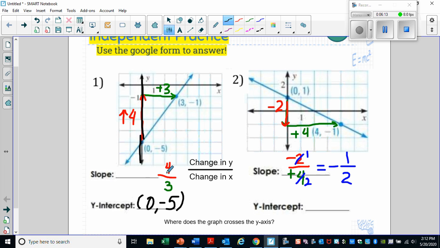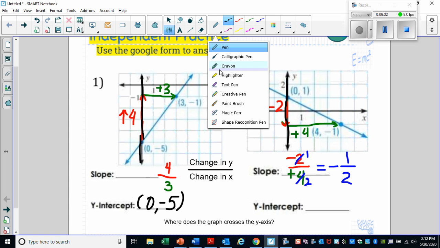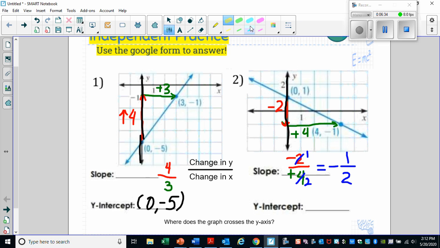So we have to determine where our graph crosses the y-axis. And then for number 2, similarly, again, look at our y-axis. We see, in this case, this graph crosses the y-axis at our point (0, 1). So I should highlight the y-axis.